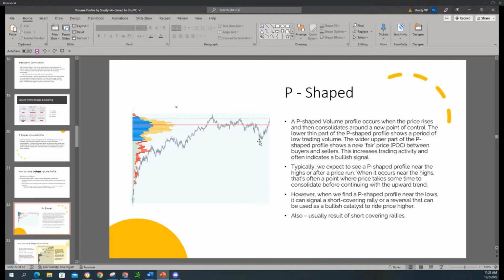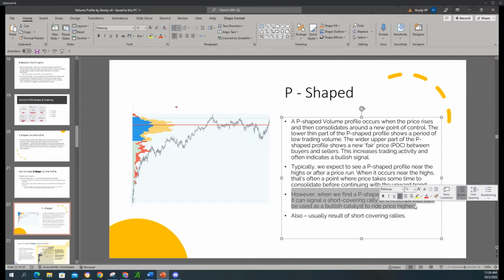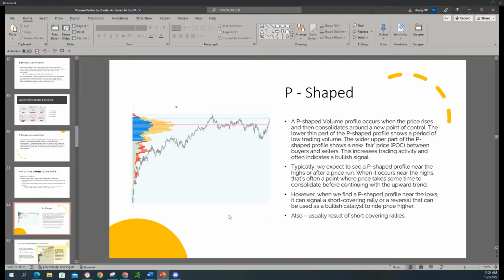If you go back and look at June 1st to the end of June, you'll see when they started doing the short covering using P-shaped profiles. And usually, when you're in a strong bearish market like we are now, with a lot of bad news globally, these P-shapes at the bottom usually mean short cover rallies.